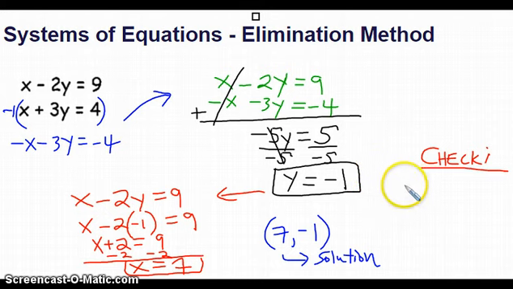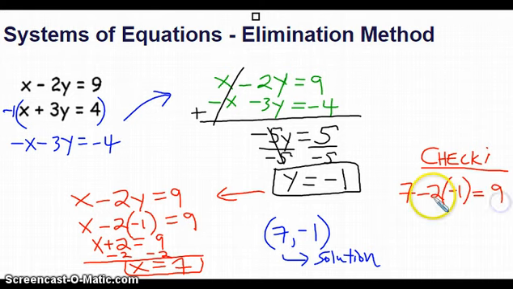So our value of x was 7. And we are plugging in negative 2 times negative 1, and that should equal 9. Well, we know that negative 2 times negative 1 is a positive 2. So 7 plus 2, yeah, 7 plus 2 is 9.